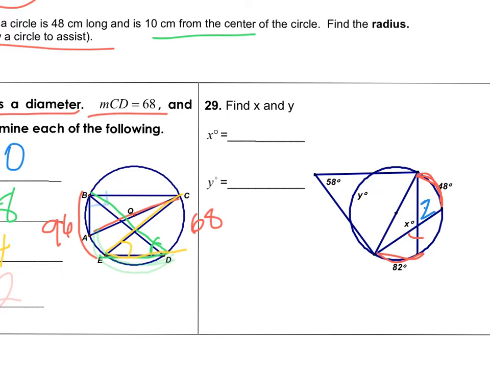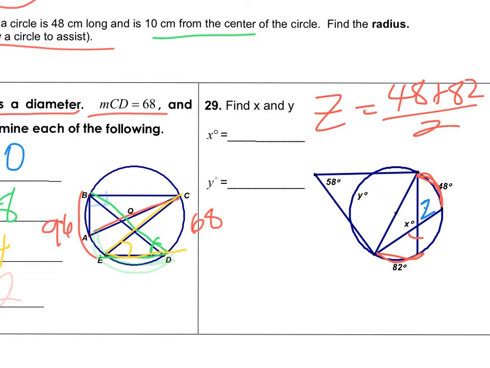So I'm going to use that to get to my X. And since it's an interior angle, then the measure of my angle Z would be the 48 plus the 82 divided by 2. So if I find that angle, then it will make it a whole lot easier to find my x and then get to my y. So that's basically my little note that I gave you for that.